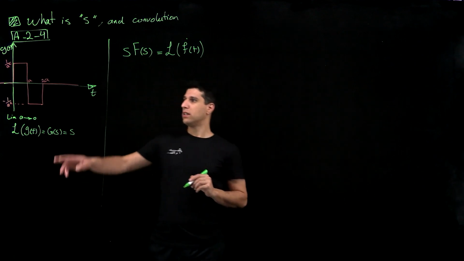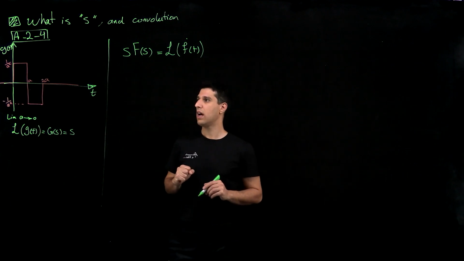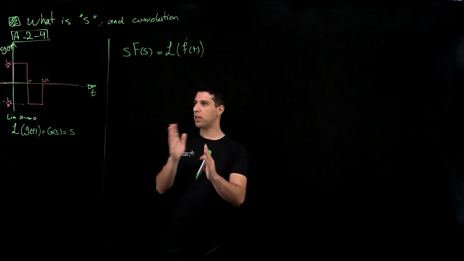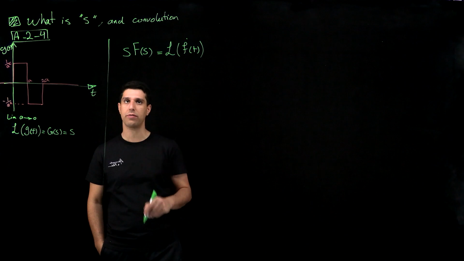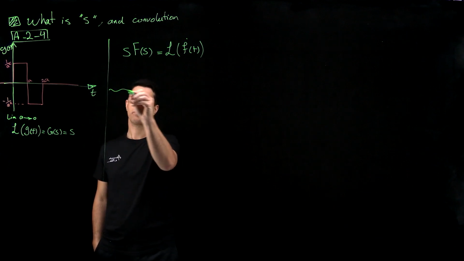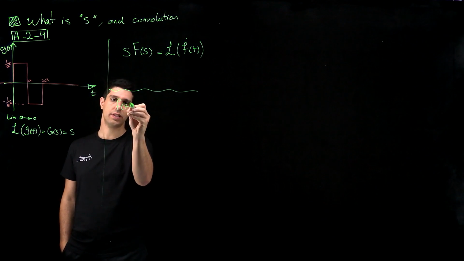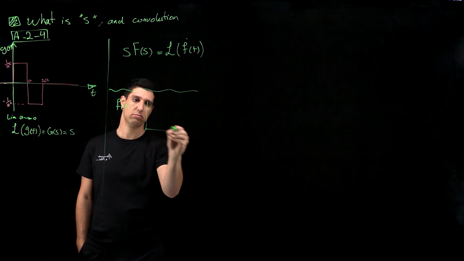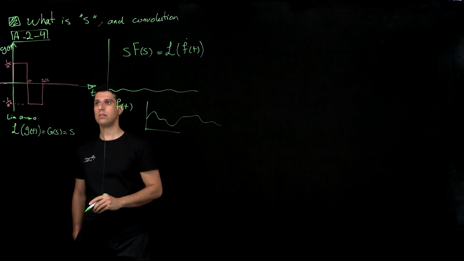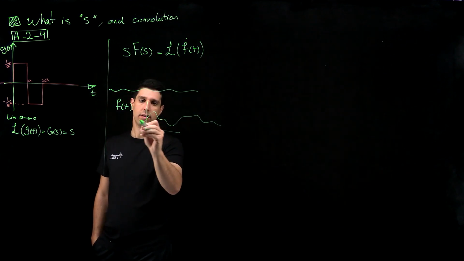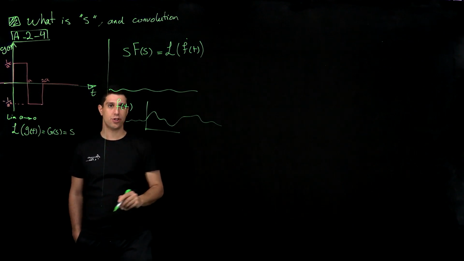So imagine I have this function, and I multiply it by a function f of t, any arbitrary function. So I have f of t, which could be anything. And I'm multiplying f by g of t.